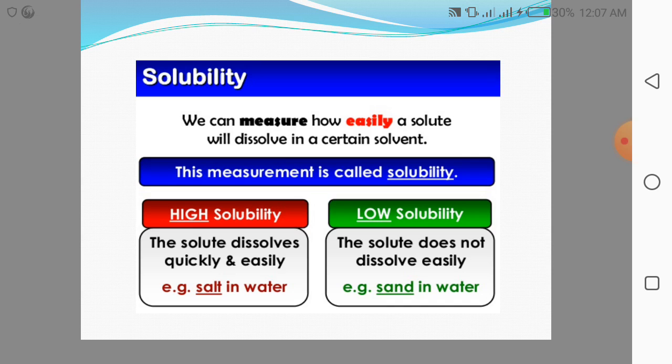High solubility means the solute dissolves quickly and easily, for example salt in water, and low solubility means the solute does not dissolve easily, for example sand in water.